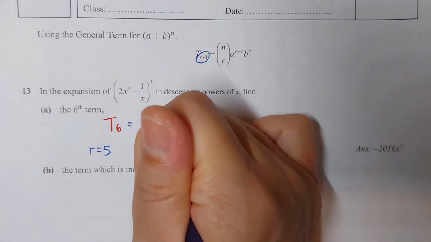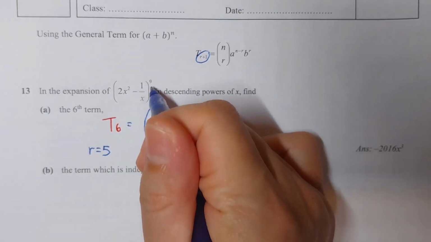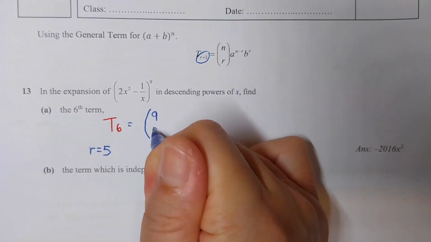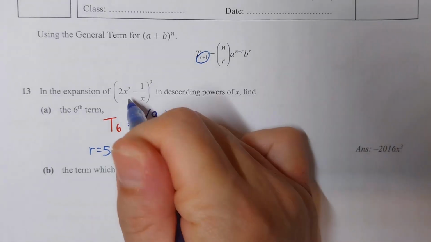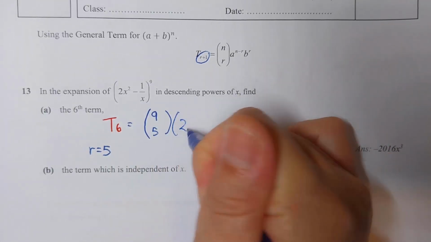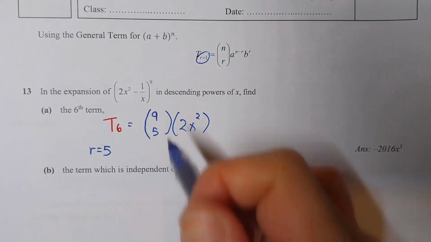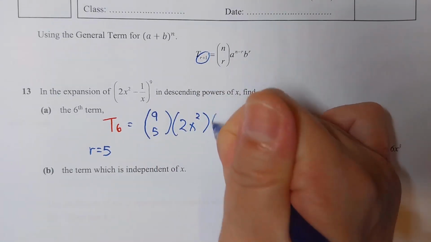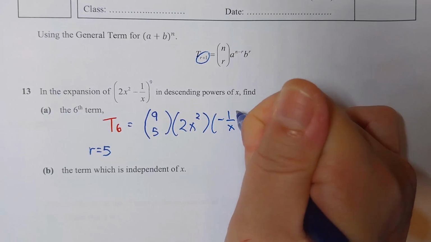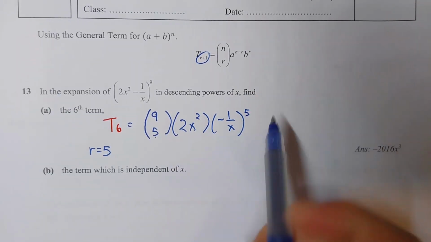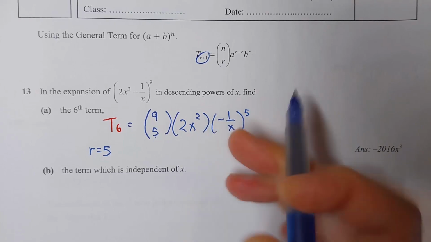So what this means is I will have 9 choose 5. The value of a is 2x squared. The value of b is negative 1 over x. Remember, this is r. The two powers add up to 9.